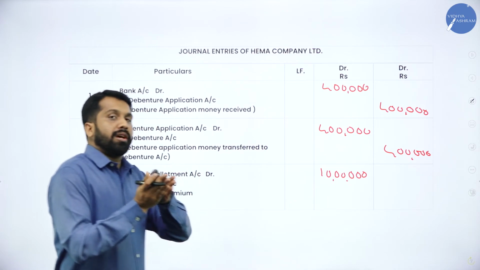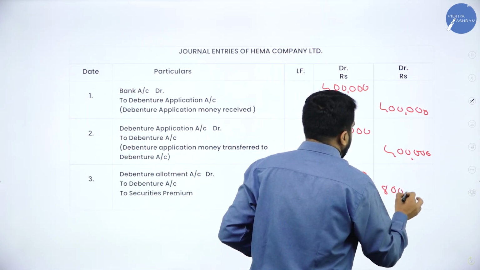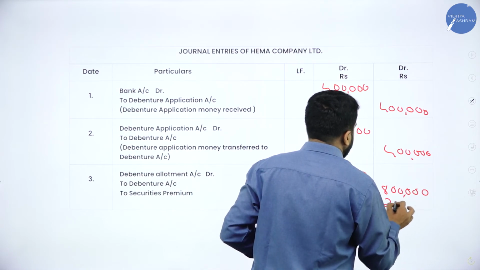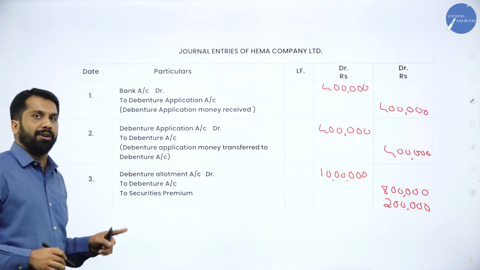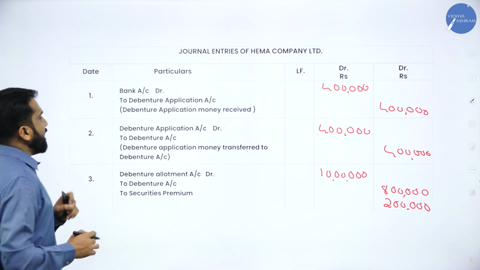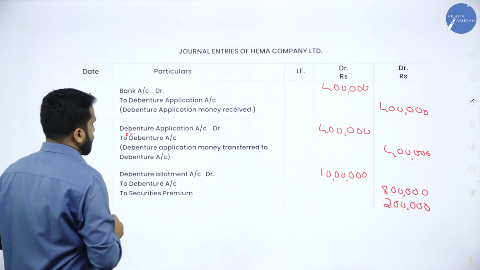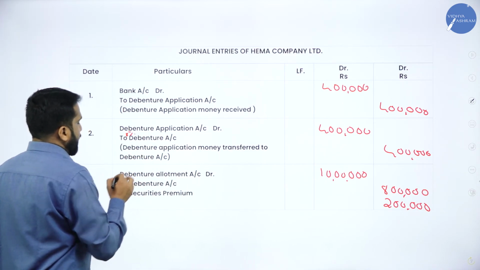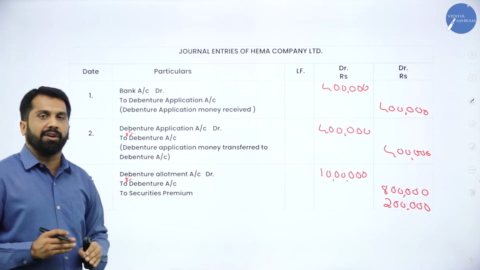In this, you have bifurcation of 8 lakh as well as 2 lakh. This will be your allotment. Now, there is a 8% debenture, so I have to mention to 8% debenture. Hope you understood up to allotment.